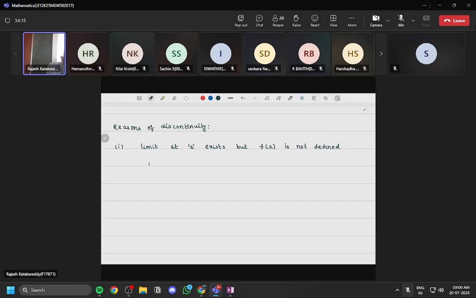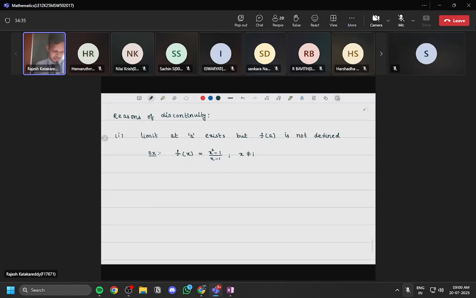If we need an example for this, we can take the function f of x is equal to x square minus 1 divided by x minus 1. The function is not defined at 1. Clear? Understood? Right? This function is not defined, but the limit value exists.